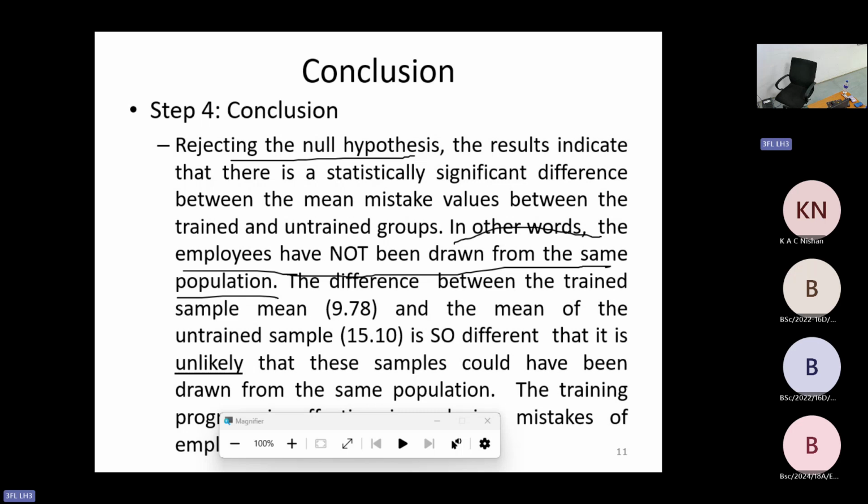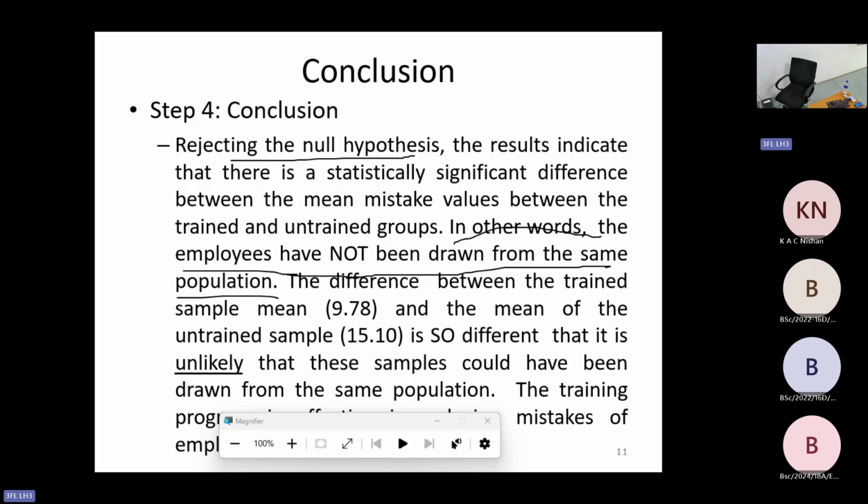Right. This is step number 3. What's step number 3? Using the data, perform the independent sample test and calculate the sig value. What's the sig value that you got? 0.0135.